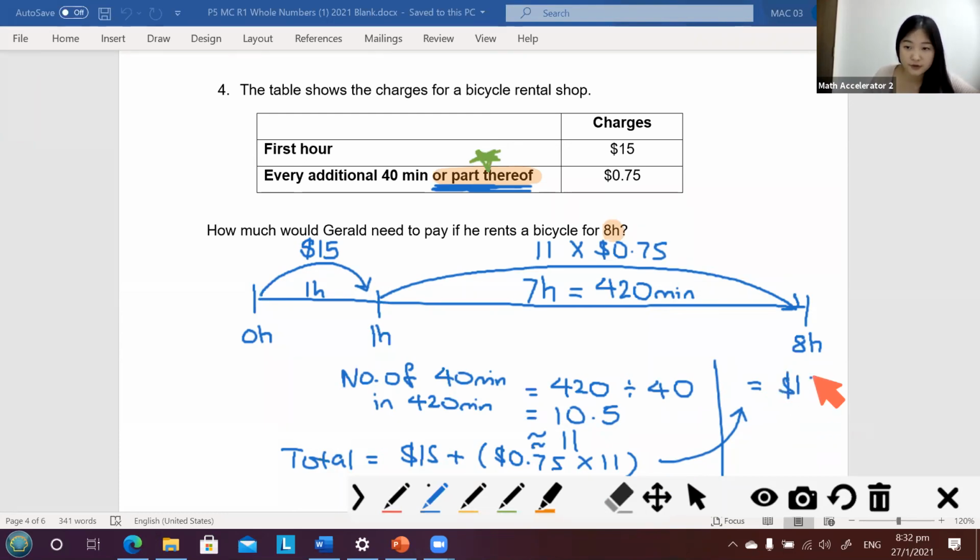So it will be 15 plus $8.25. So your final answer is $23.25. Yes, good. Just take note, remember to round it up if you get a decimal over here.